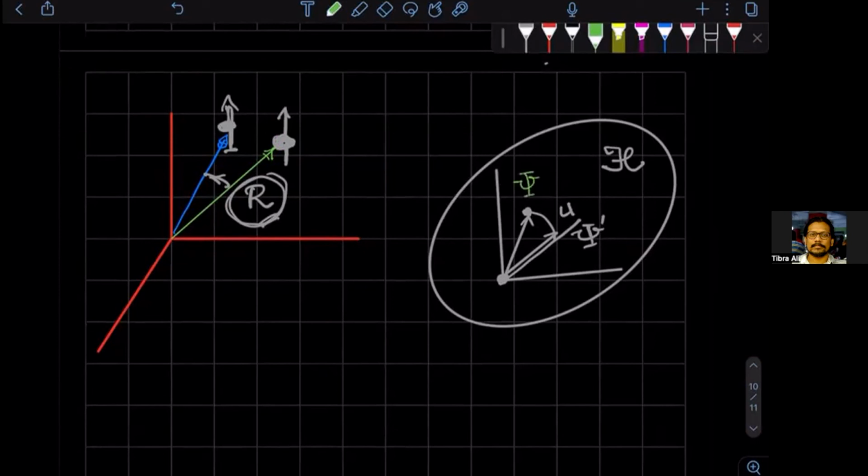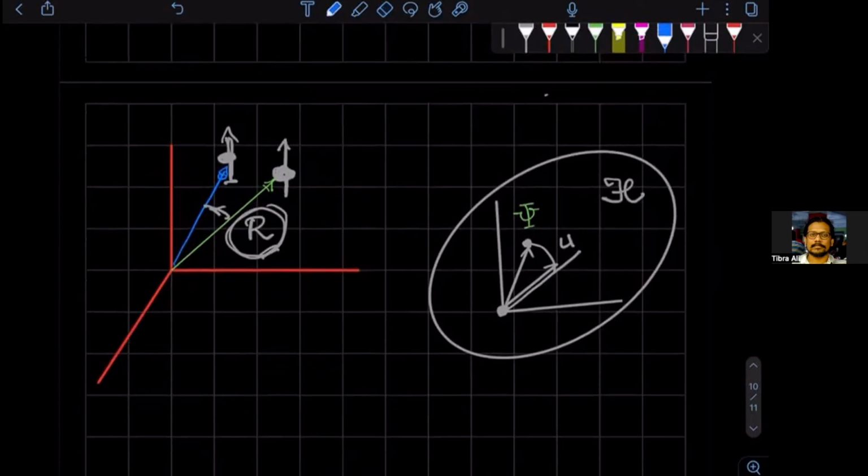But after you rotated your particle, the state of the system is described by a different state vector, which is psi prime. But this is happening in Hilbert space, the space of states, not physical space. Now, the question is, how are these two vectors related in Hilbert space? The answer is they are related by an SU2 transformation U.